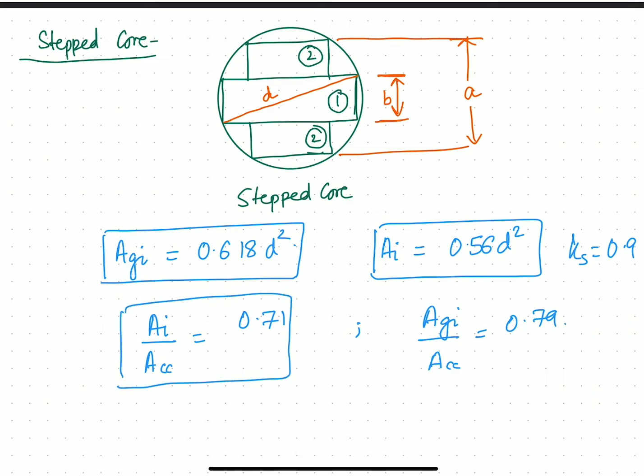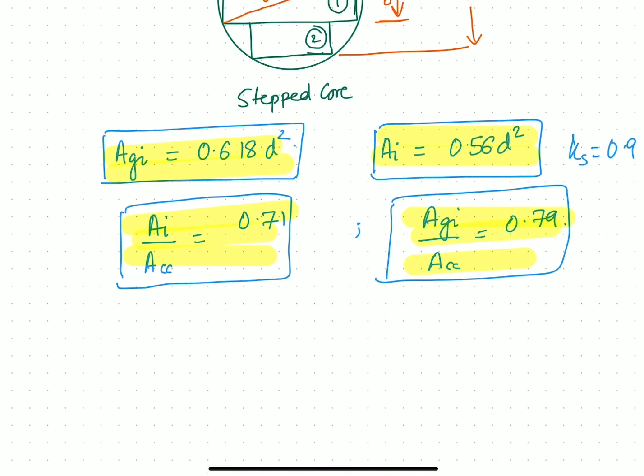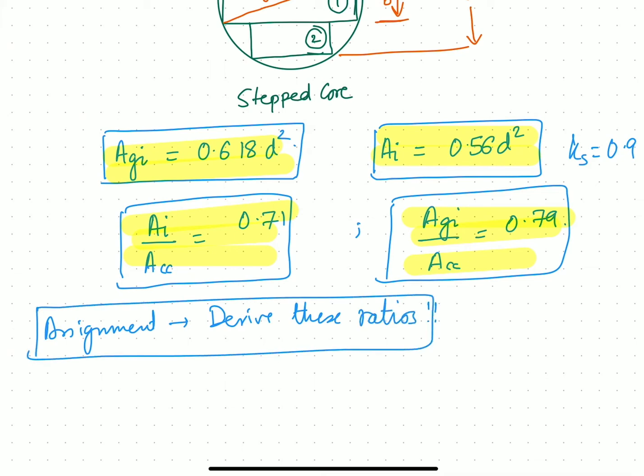So these four ratios you can easily find out, and you must keep these ratios in mind. I leave the derivation of these expressions as an assignment to you. Derive these ratios. You will be able to easily derive this.